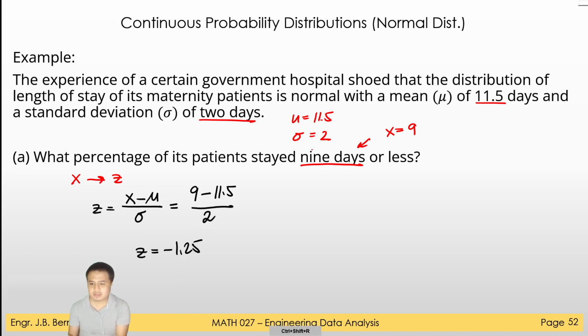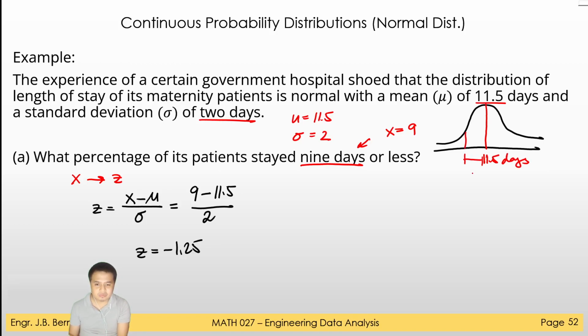Now, what we're trying to find is 9 days or less. What does that basically mean? If this is the normal distribution only, not the standard one, then the mean here is 11.5 days, and you have a difference here of one standard deviation, which is 9.5. But what we're trying to look for is x equal to 9, which is this portion.